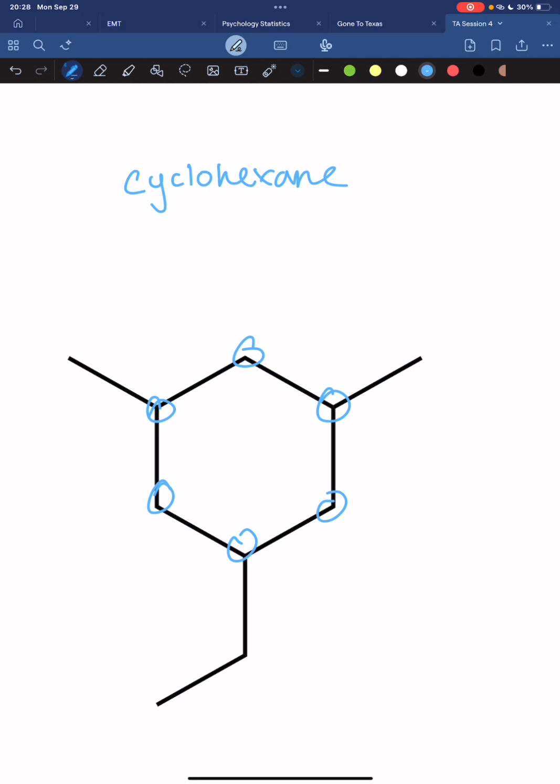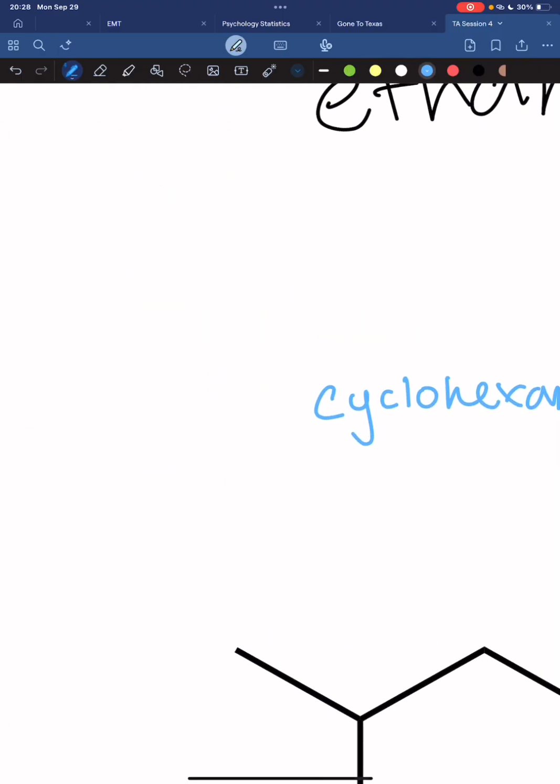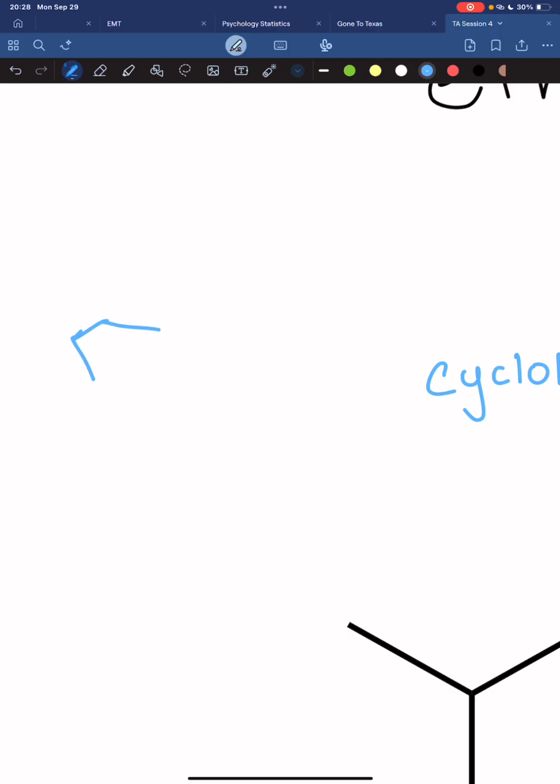It would be hexane, but it is cyclic. So what did we do? We added the cyclo. That's all we did. Everything else is the same with the naming. If I had this, what is this called? We have 1, 2, 3, 4, 5 carbons. That makes it a pentane. So this one is cyclopentane.